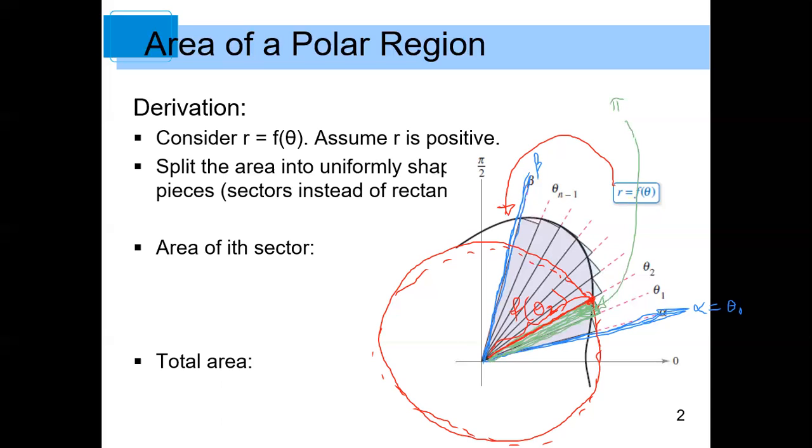So it would have been pi times f of theta 2, squared. But if I just want that green stuff, I don't want the area of the entire circle. So I want to take the fraction of area that we have here. What fraction of area do we have though?